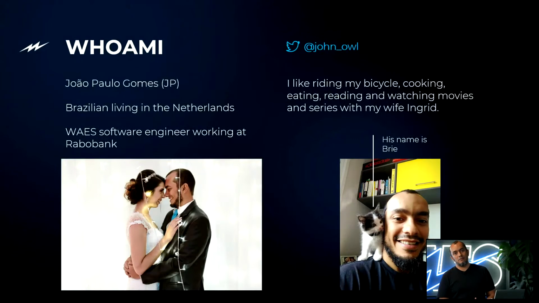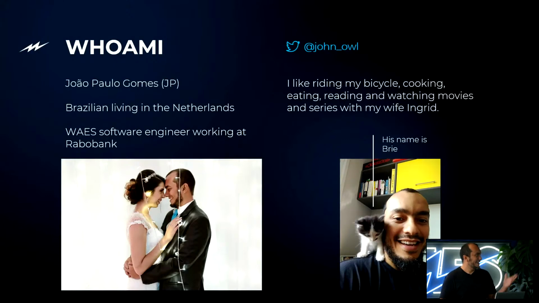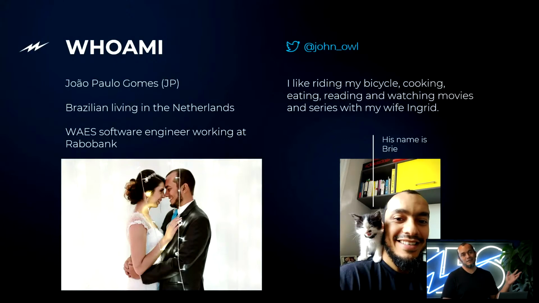In my spare time, I like riding my bicycle, cooking, eating, and watching movies and series with my wife, Ingrid. And in this image you can see my cat. His name is Brie. And he's not that size anymore, he's a little bigger now. You can see that I really like to eat because his name is Brie, like the cheese.